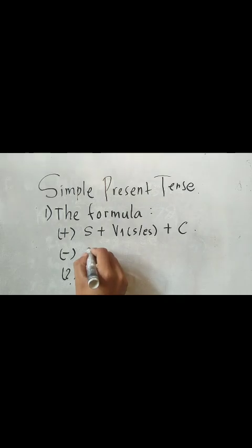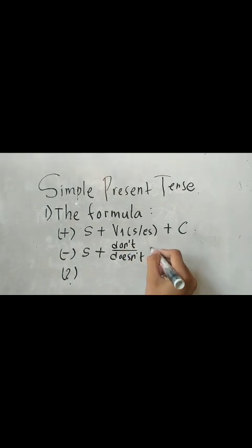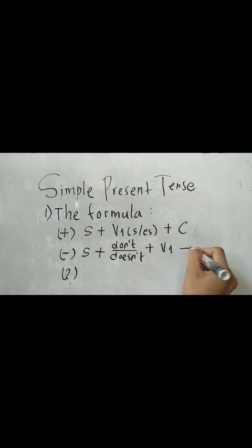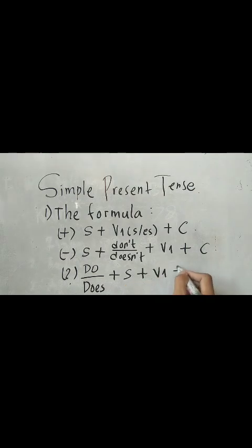The second one is subject plus don't or doesn't plus verb 1 plus complement. And the last one is for the interrogative. Because we use don't and doesn't here, we use do and does plus subject. We bring the subject here, and then the verb 1, and the last is the complement. And then at the end of the sentence we put the question mark.